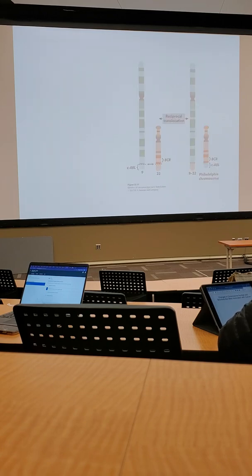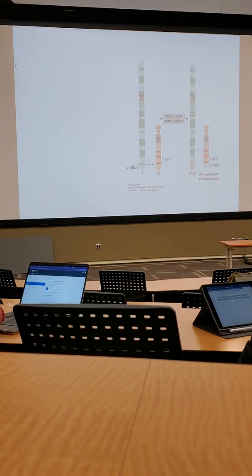So this is just an example of a known cancer gene and these translocations. These are reciprocal, they're exchanging pieces equally.